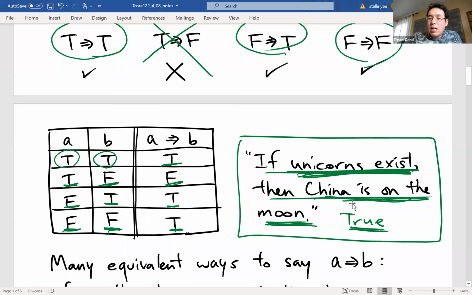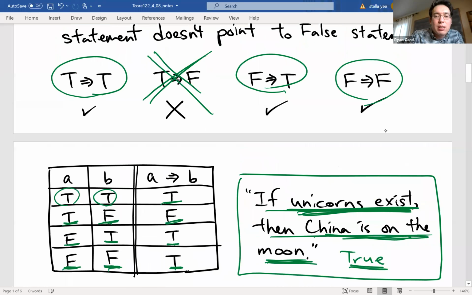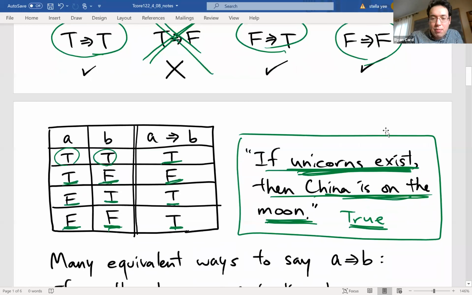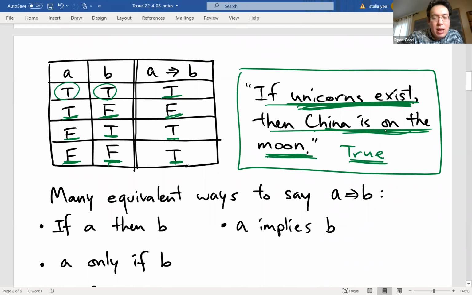But in mathematical logic, it does not matter if they seem or don't seem related. The only thing that matters is this thing here. You just can't have the true statement pointing to false. Otherwise, it is absolutely considered a true statement. It is a little bit tricky.